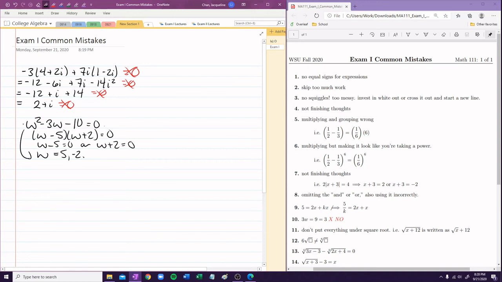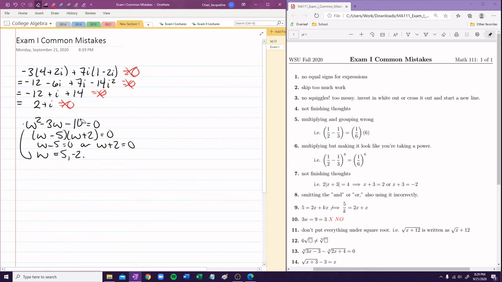You cannot drop this 0. If this drops to 0, it just becomes an expression, and you can't solve for W anymore because there's nothing to solve. The only thing, if we're not given equals 0, then the most I can say is simplify this or factor this.